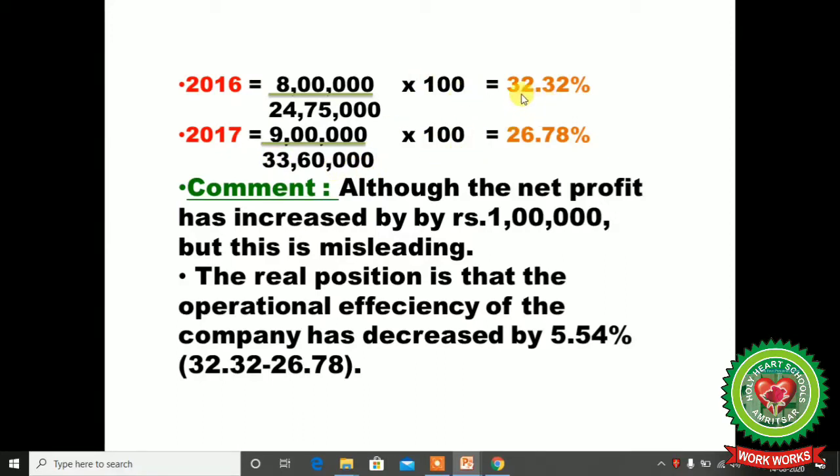So see both results: in 2016, 32.32% net profit ratio, but in 2017 it declined to 26.78%. So the interpretation: although the net profit has increased by rupees 1 lakh, this is misleading. The real position is that the operational efficiency of the company has decreased by 5.54%.